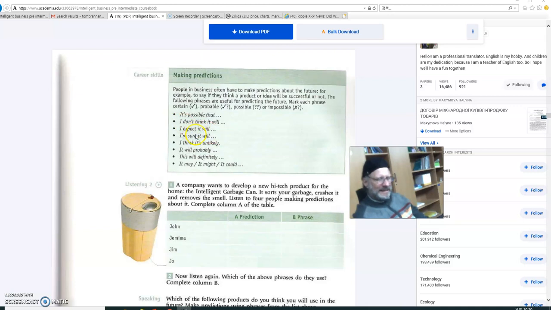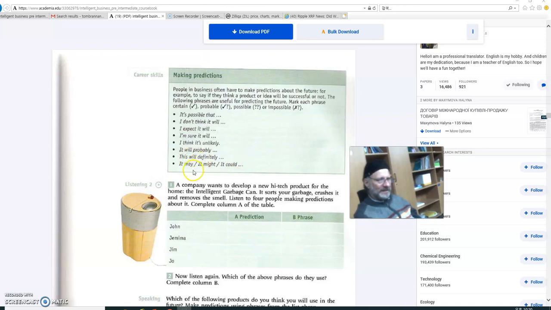And I expect, not so strong, I expect it will survive or be popular for a while, maybe some product of some kind. And then there's the negative. I don't think it will. So it's clear outside, the sun is shining, it's getting warm, the wind has stopped blowing. I don't think it will rain.